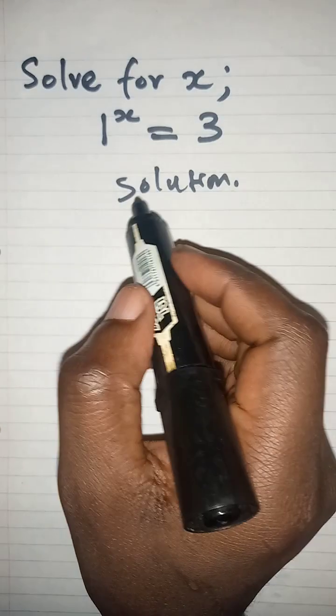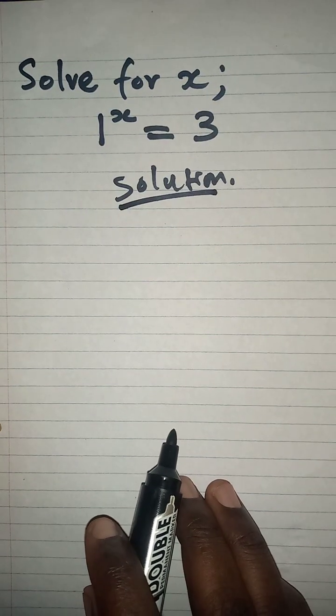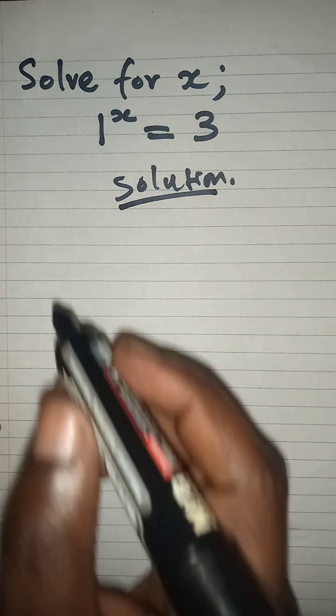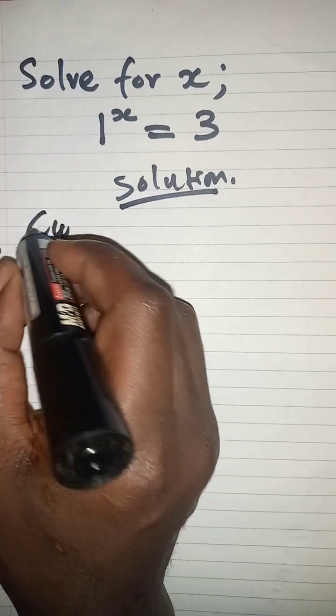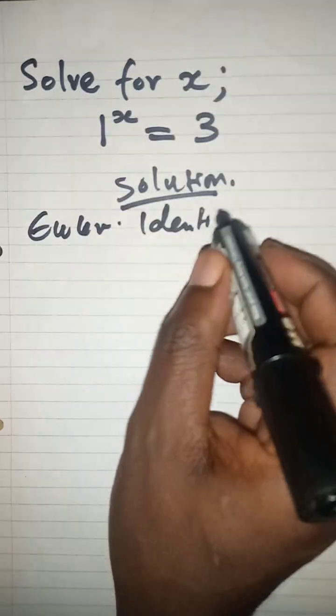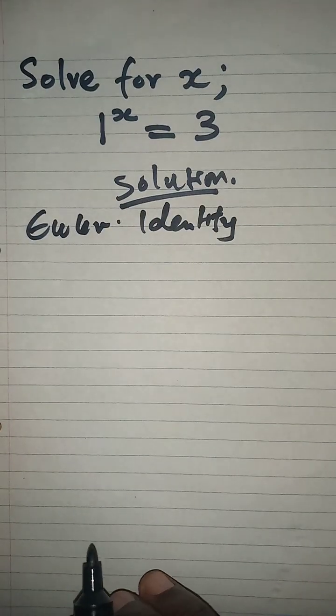On the solution part, I'll start by solving this equation using the Euler identity. That is what's going to help me solve it.